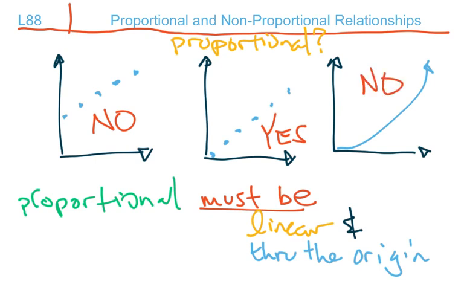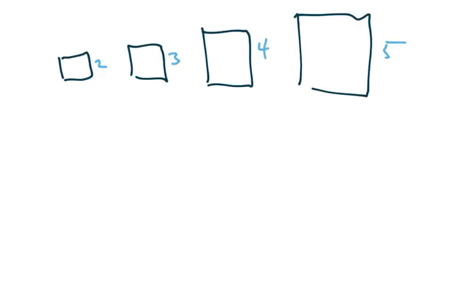So to start us off, if we can look at things and determine whether they're proportional, we'd want to look for those things: linear and through the origin. Here we have some squares, and we're going to look at the first square as the first one, and then consider scale factor. The first one would have a scale factor of just 1.